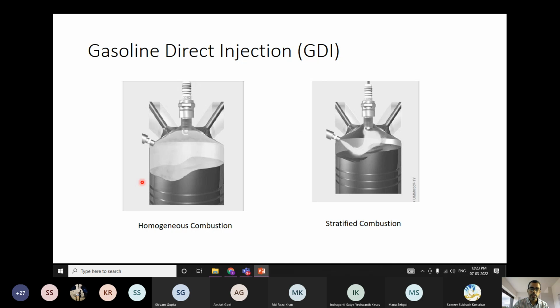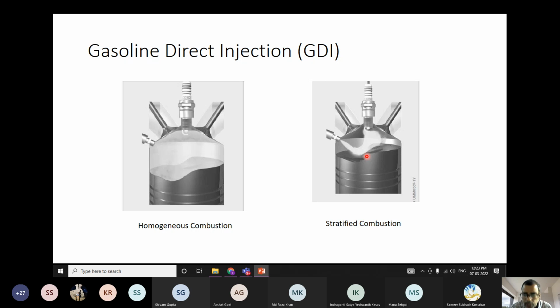In homogeneous mode, the fuel injection was taking place in the beginning, in the intake stroke, but in stratified combustion mode, we are injecting the fuel towards the end of the compression stroke. Now see also the piston position. The piston is almost reaching top dead center. At that time you are injecting the fuel.